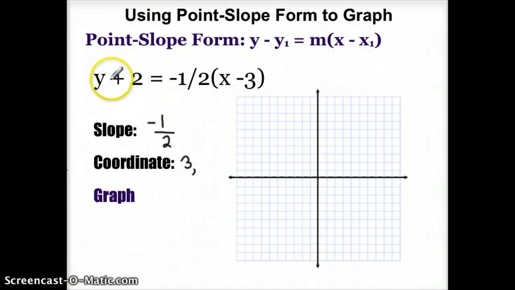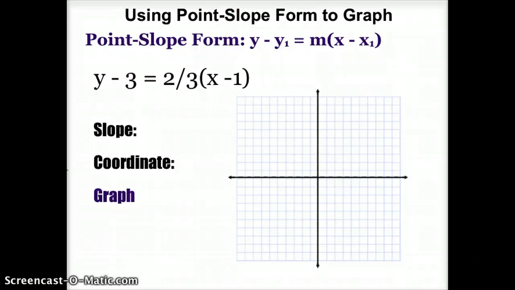Well, how did this minus change into a positive? It must have been y minus -2. So I know that y1 must be -2. So to plot this, I'm going to start at the point (3, -2), and go down 1, to the right 2, down 1, to the right 2, and I'll go one more time down 1, to the right 2, and then I can draw a line to show what this equation looks like.